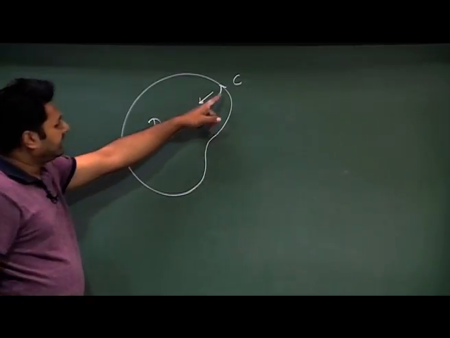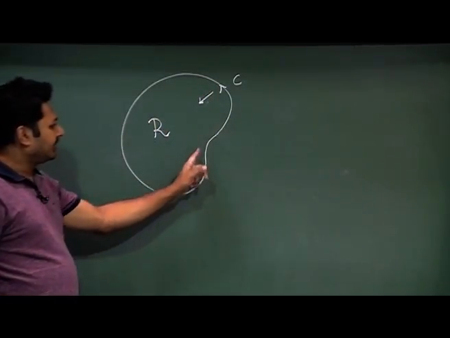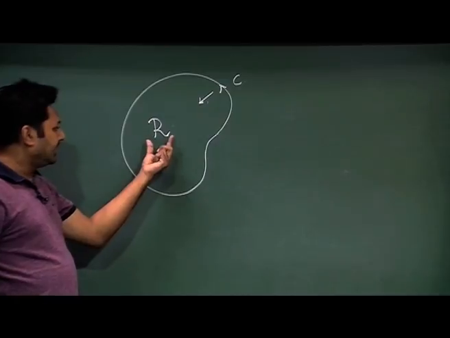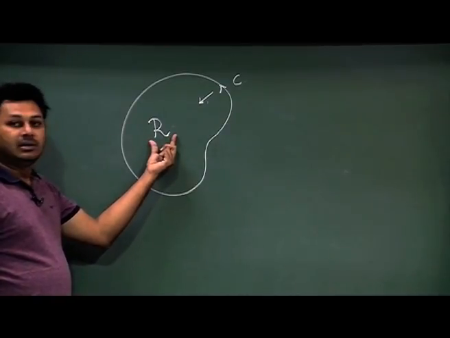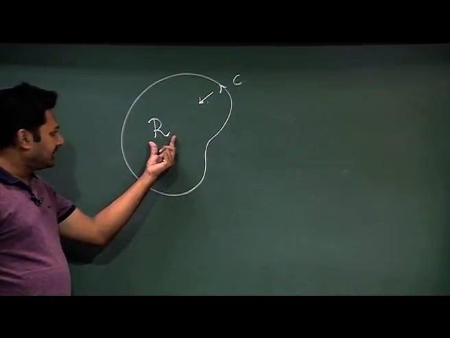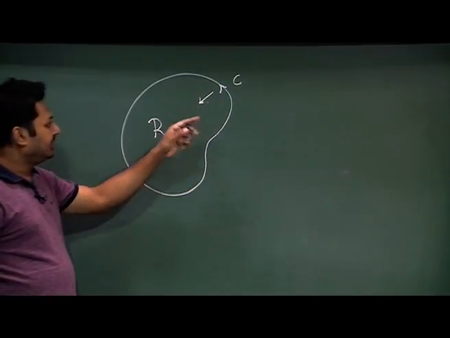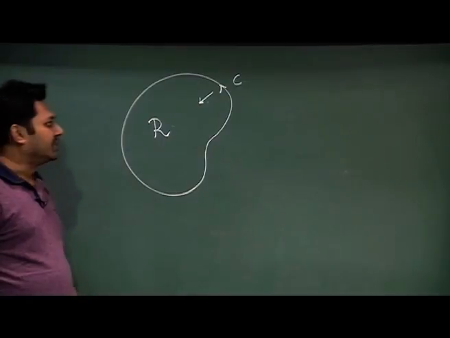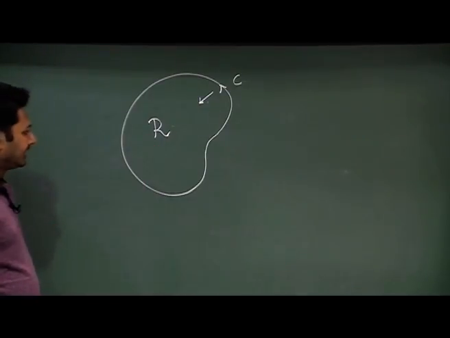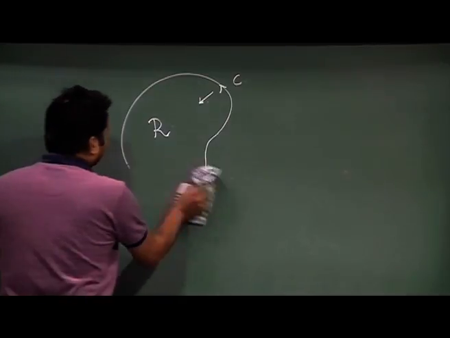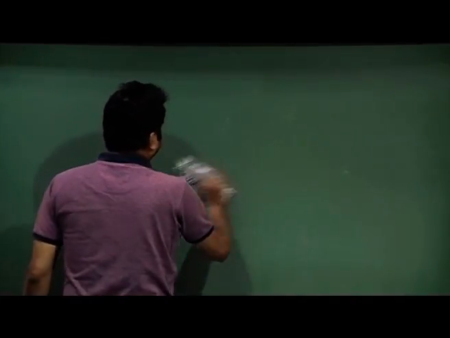Normally if the direction of this curve is such that it encircles the region, and this region is on the left hand side when I move along this curve, then this is considered to be a positive direction. We need to use these things later, but this convention we should follow.